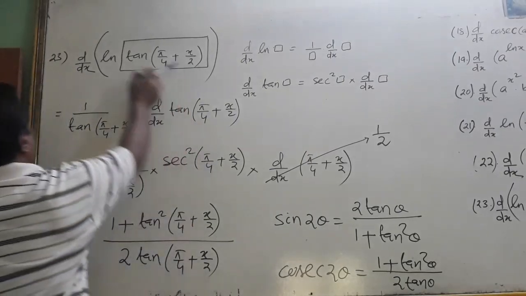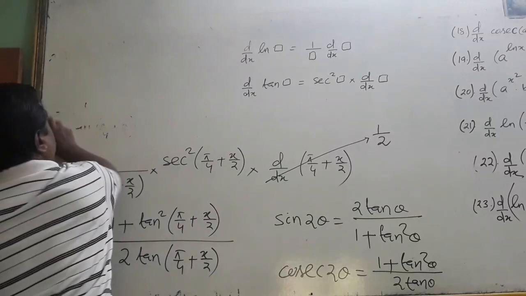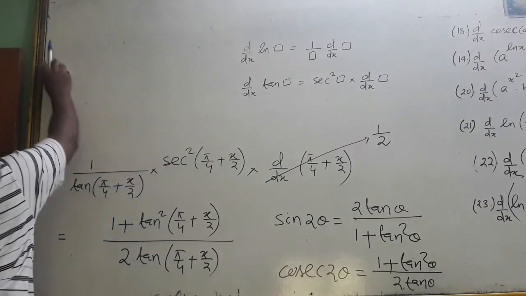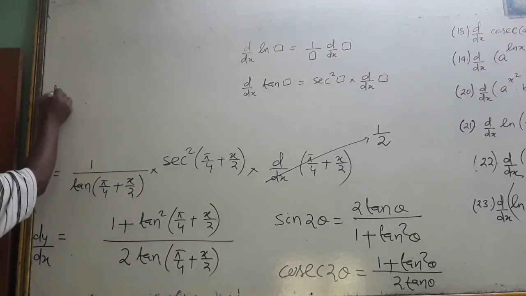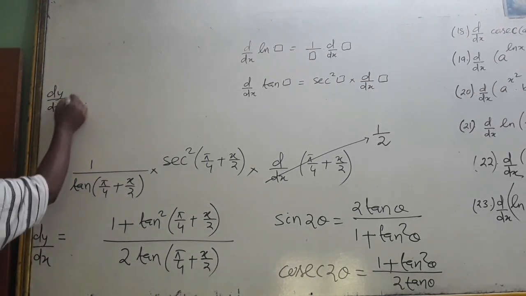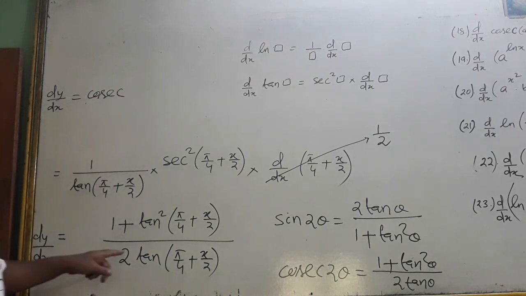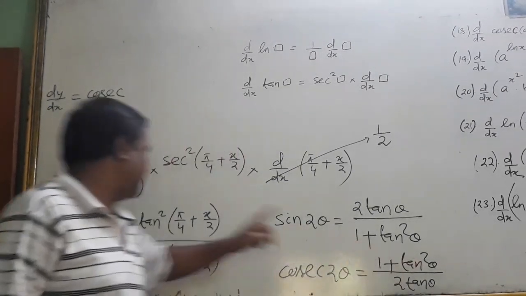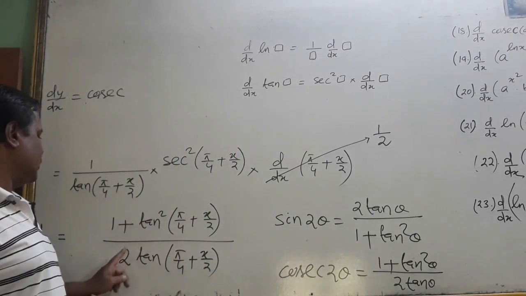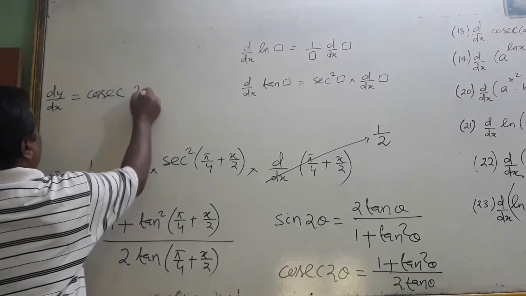Now the differentiation becomes dy by dx. I am writing dy by dx is equal to cosec 2 theta, since 1 plus tan square theta by 2 tan theta is equal to cosec 2 theta.